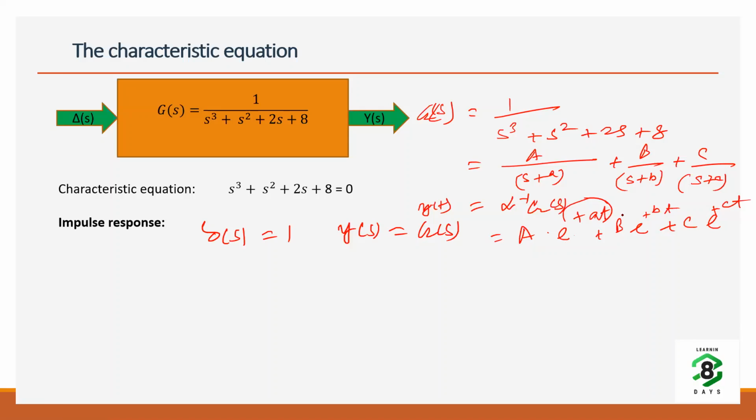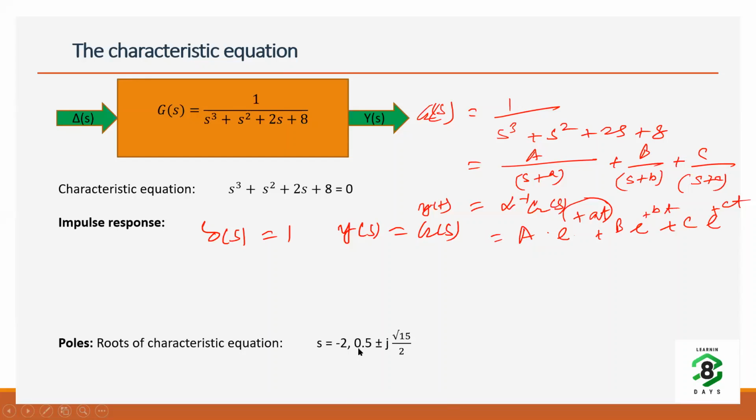So what you have to do is find out the poles of this system. The poles or roots of this characteristic equation are here: s is equal to -2, and you have one complex conjugate pole, but the real part is still positive.